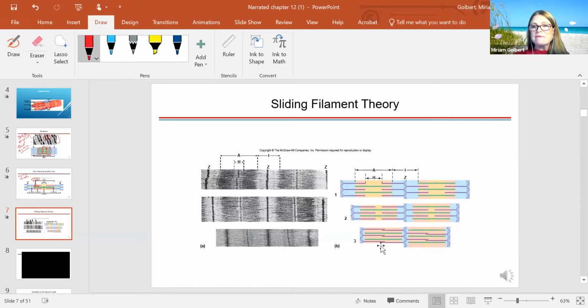Because those fibers are sliding toward the middle and the H disappears. So this is how long a sarcomere is on number 1. A little bit of overlapping. We shorten the sarcomere, the H becomes a little smaller, and by the time you are on number 3, there's almost no more H, and the sarcomere has shortened a lot, right? The Z discs get closer too.